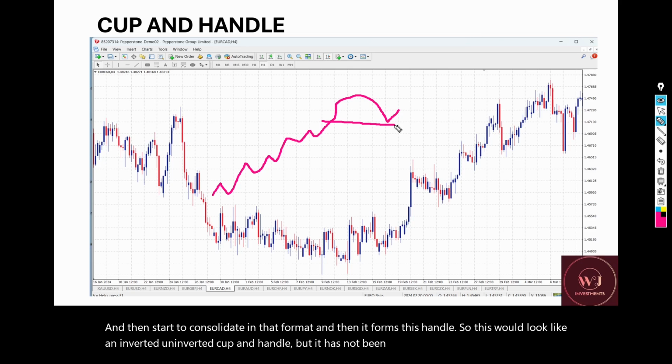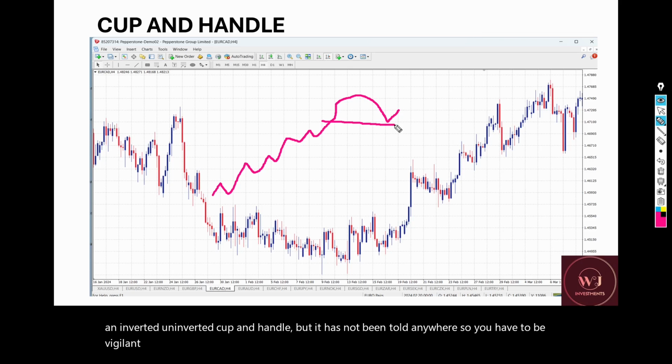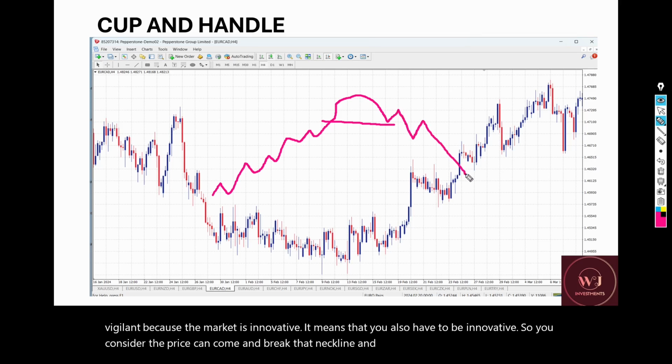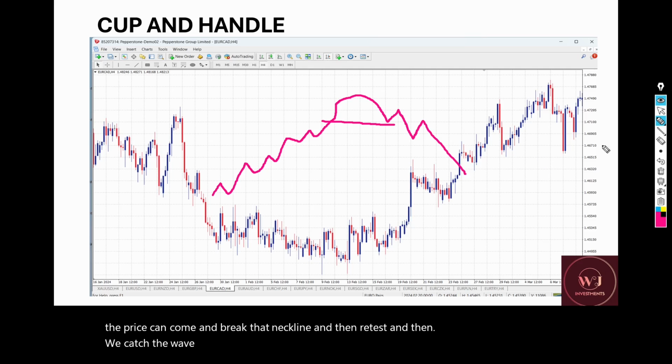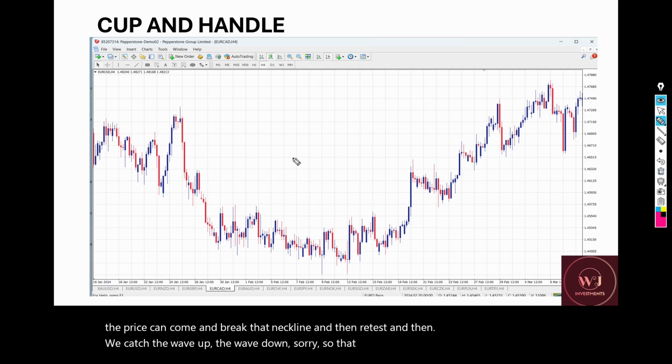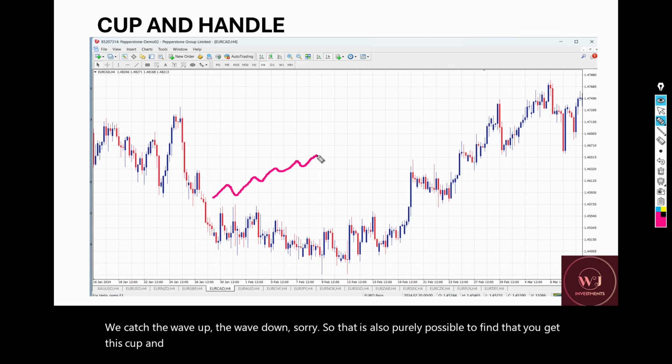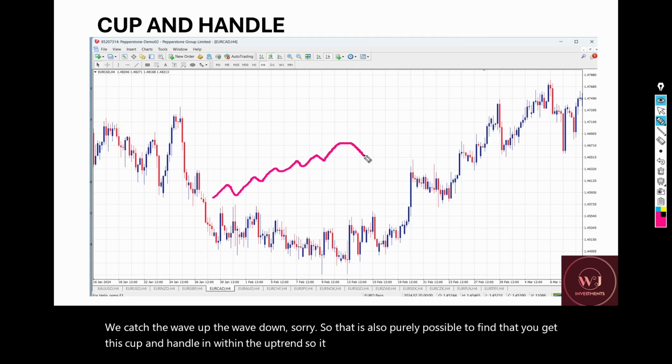So you have to be vigilant, because the market is innovative. It means that you also have to be innovative. So you can see that the price can break that neckline and then retest, and then we catch the wave down, sorry. So it is purely possible to find this cup and handle within the uptrend. It could happen something like that.